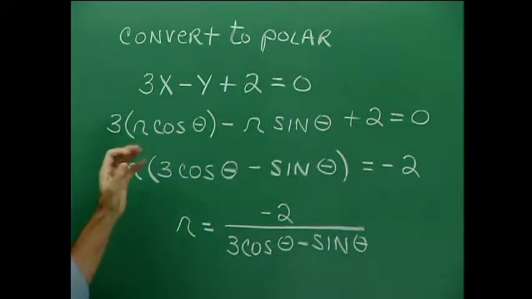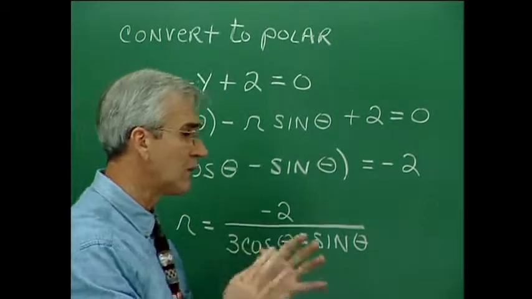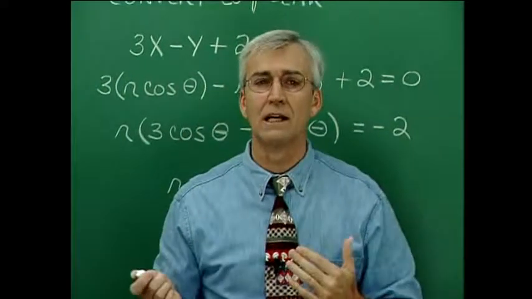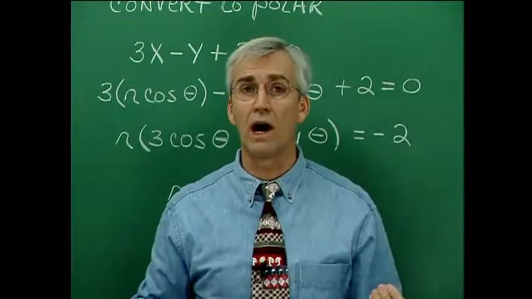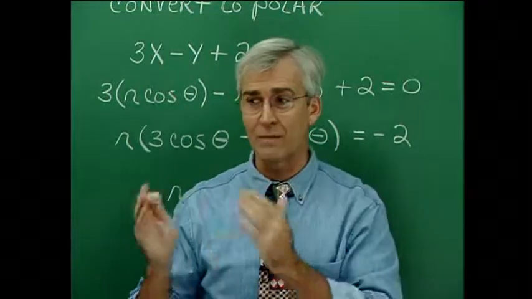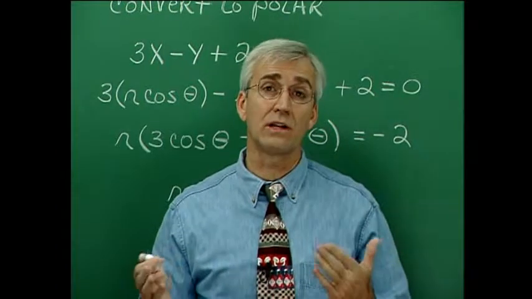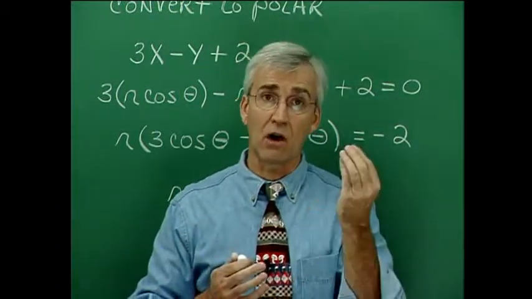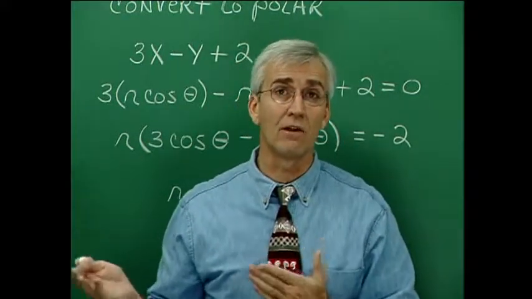Now, a lot of times in the polar world, just like in the rectangular world, we sometimes write equations in a function format. Now with rectangular equations, that function idea is to solve for y. So we write y equals some expression involving x. And in the polar world, a lot of times we write r as a function of theta. That is, we isolate r on one side of the equation, and on the other side we have an expression involving theta.